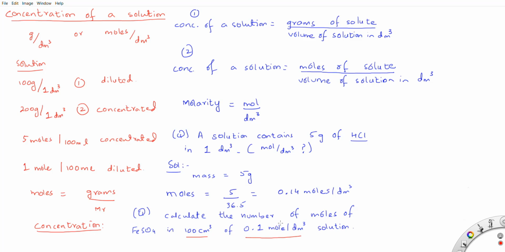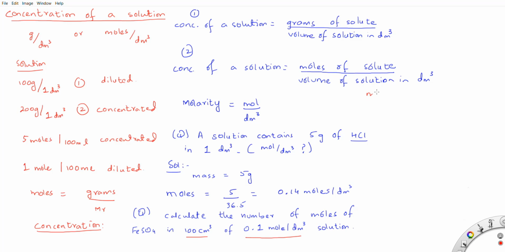So the idea is I'm given 0.1 mole per liter, and I'm required to calculate the number of moles. If I proceed in this way to work out the number of moles, I can simply study the relationship. It says 100 cubic centimeters and it says 0.1 mole per liter, and I'm interested in calculating the number of moles.